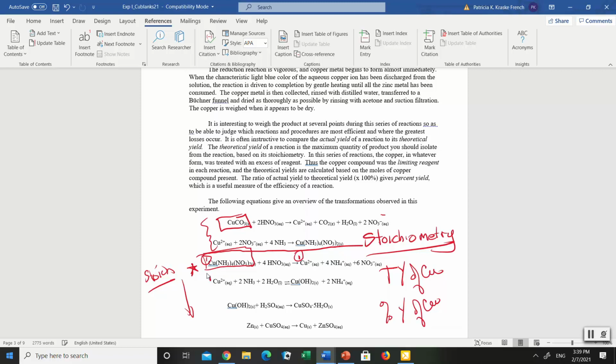Second reaction here is also a 1-to-1 molar ratio. Just follow the coppers. The next reaction is also a 1-to-1 molar ratio. And finally, the last one, where we take the copper(II) sulfate to make copper, is also 1-to-1. So our molar ratios throughout this experiment, today and next week, are 1-to-1. And that actually helps you out a little bit with the stoichiometry and the calculations for this.